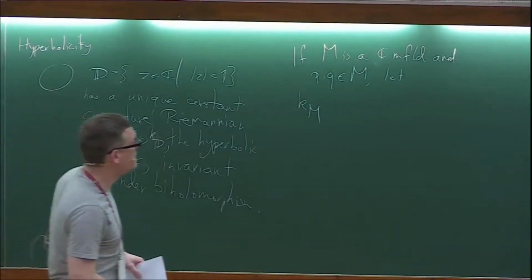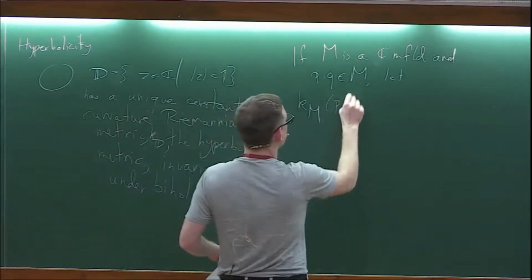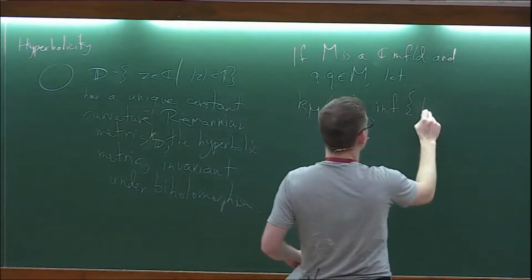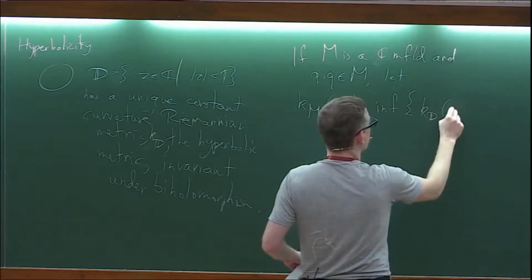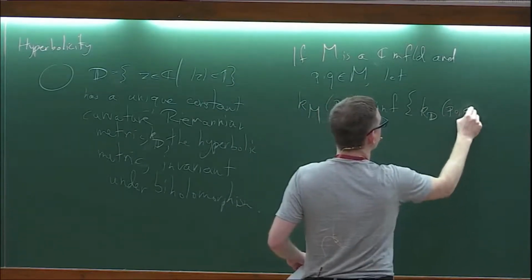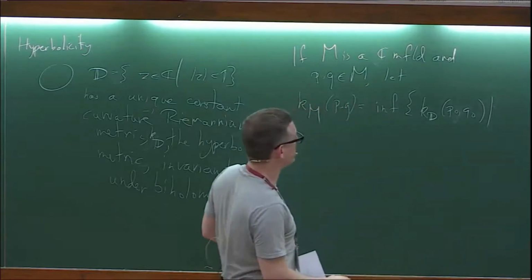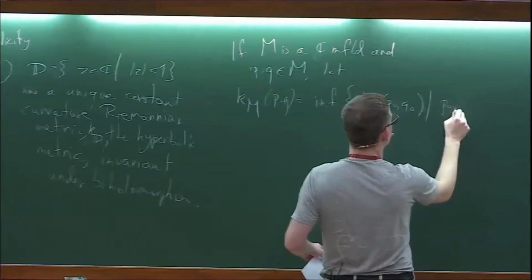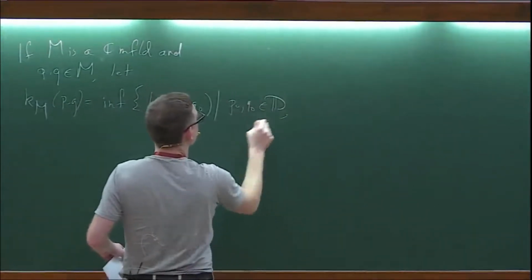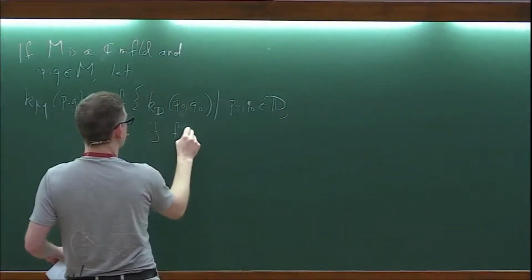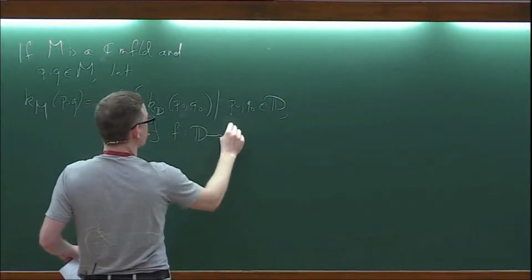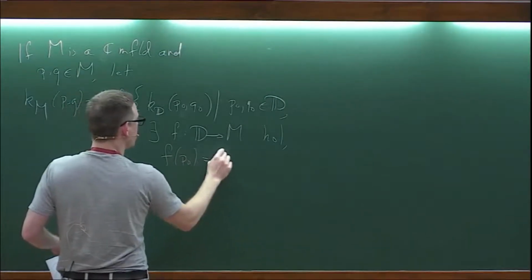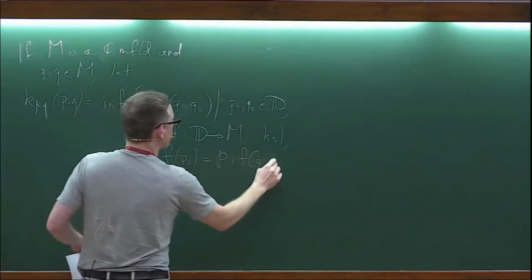So Km of points P and Q is the infimum of the set of all K disk of P naught, Q naught such that P naught, Q naught are points of the disk, and there exists some holomorphic map f from the disk to M with f of P naught equal to P and f of Q naught equal to Q.